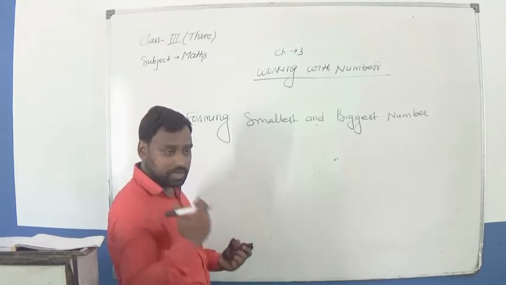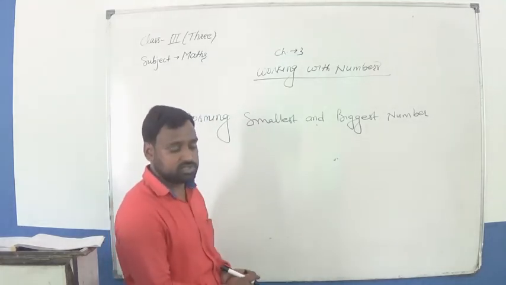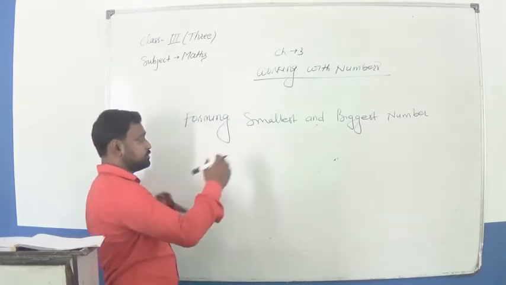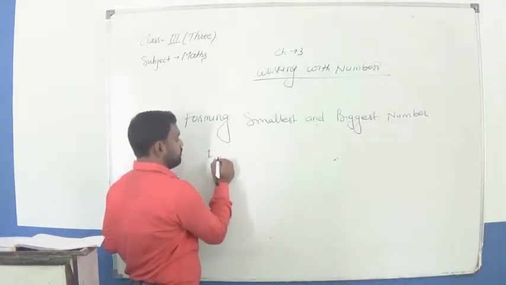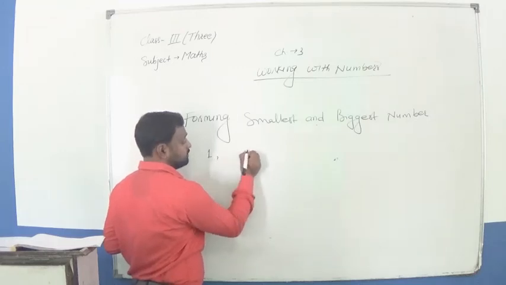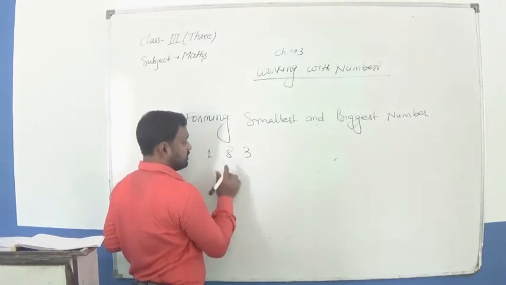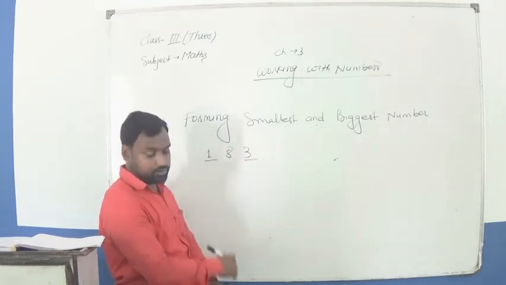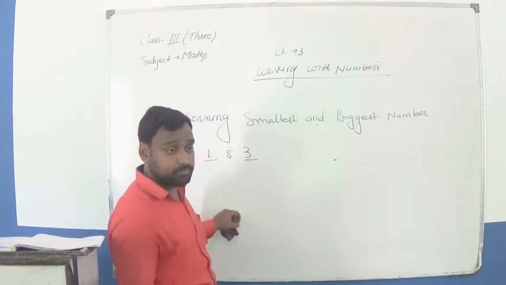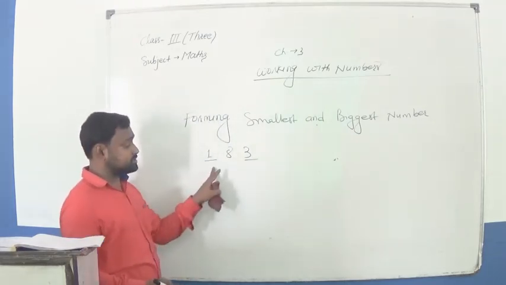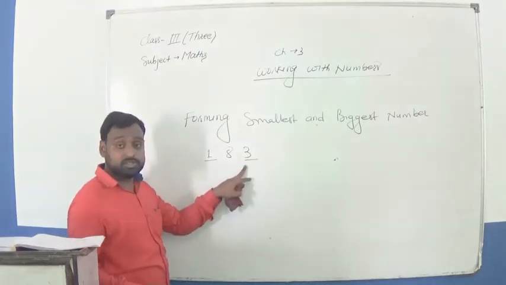Like I am starting from 2-digit numbers. Suppose you are given 1 and 3. You are given 2 digits, 1 and 3, and you are asked to write the smallest number of these 2 digits.